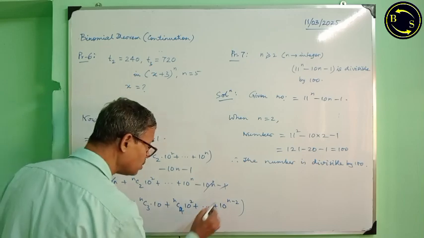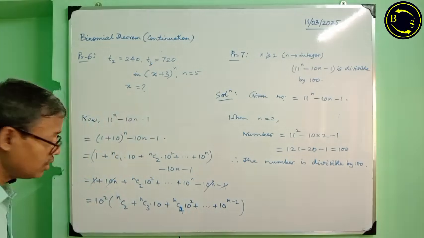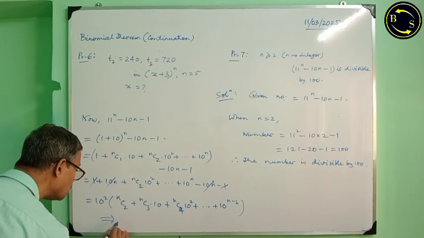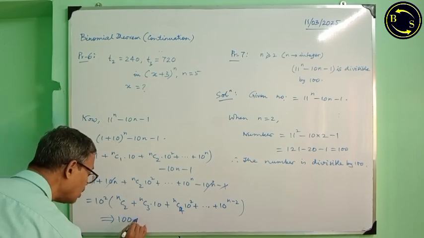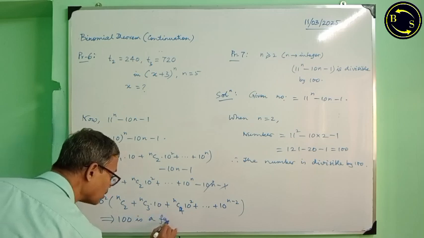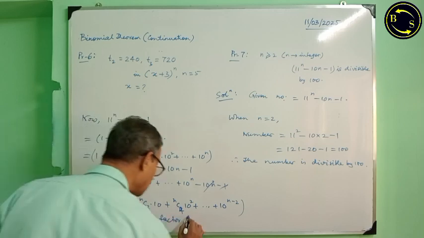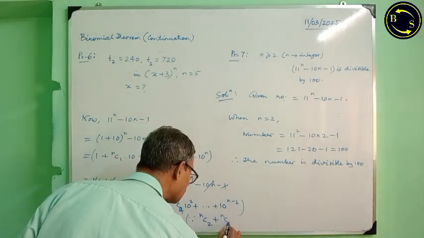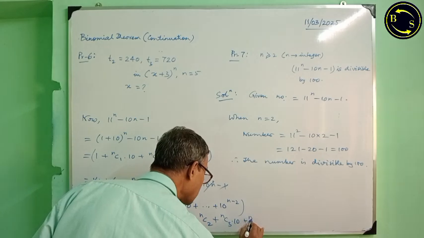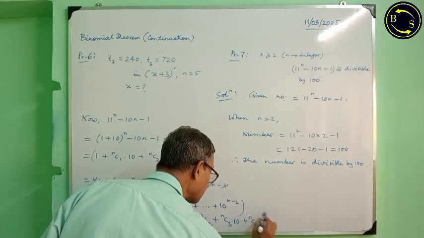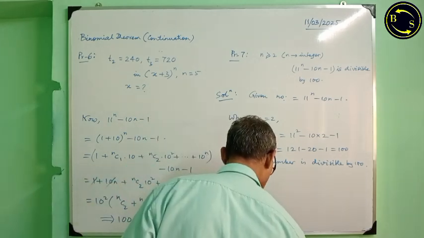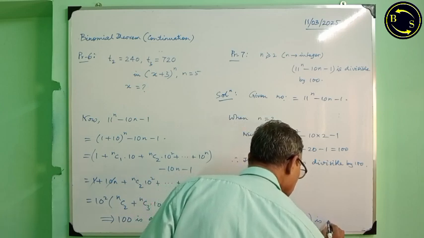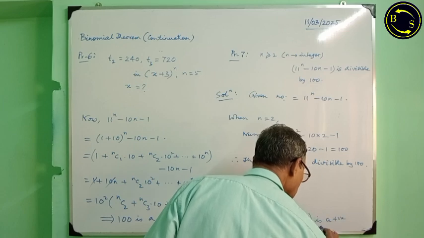Now this expression is a positive integer, which implies 100 is a factor. Since nC2 plus nC3 into 10 plus nC4 into 10 square plus up to 10 to the power n minus 2 is a positive integer.